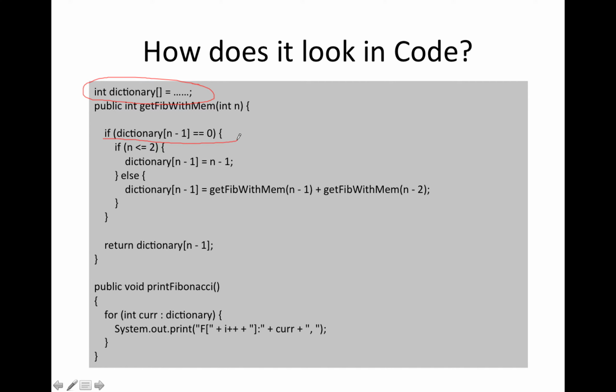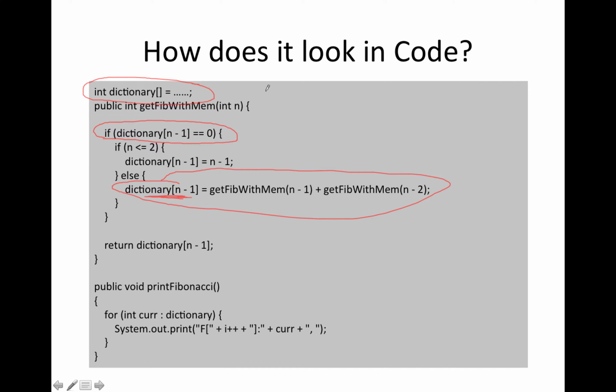So if our cache has a 0 value for a particular number, it obviously means that we haven't yet looked up that number. So if we are looking for a particular number and the value is 0, it means we haven't looked it up. So we not only calculate it using the usual formula, but we also store it for future reference.